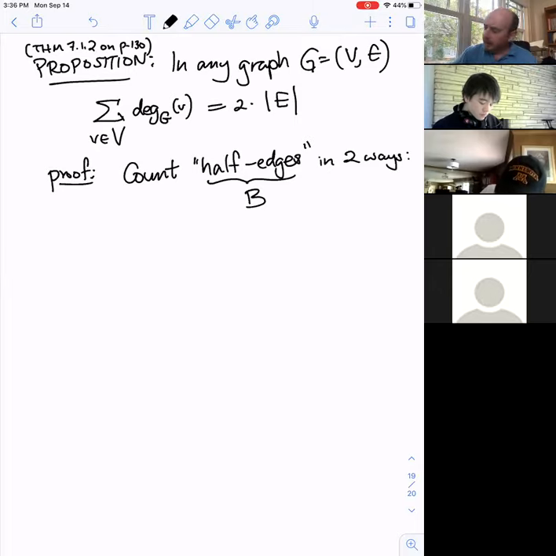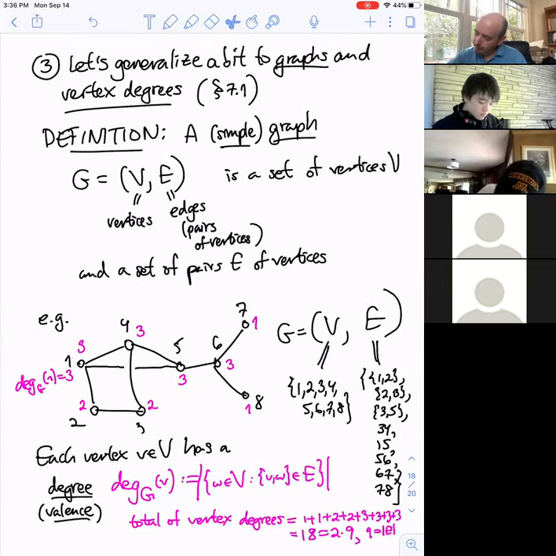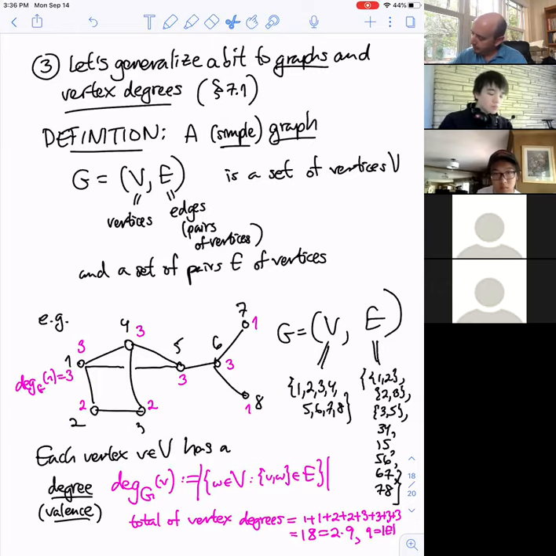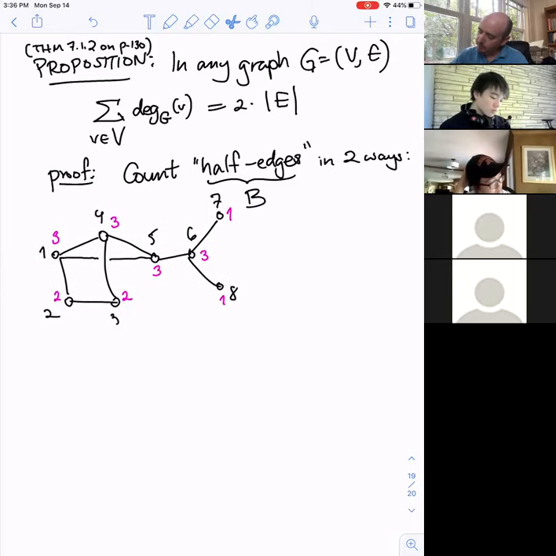So let me draw that graph from the previous page. Let me redraw it here. Actually we can take it with the colors. It doesn't matter if we've got the vertex labeling. Let me repaste it here. And so what I want to do is think about those half edges. So remember how the half edges look?